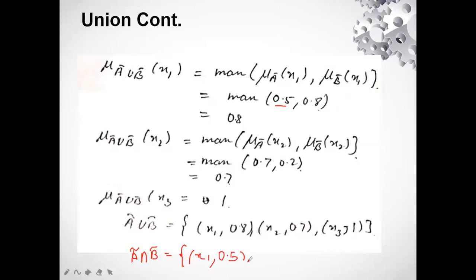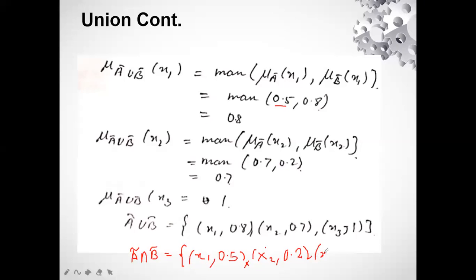Then for the x2 element, we are not going to put commas out here. Sorry, it is x2. For x2, what will be the value? It will be the minimum of these two. So the minimum of 0.7 and 0.2 is 0.2. Bracket, comma, x3.